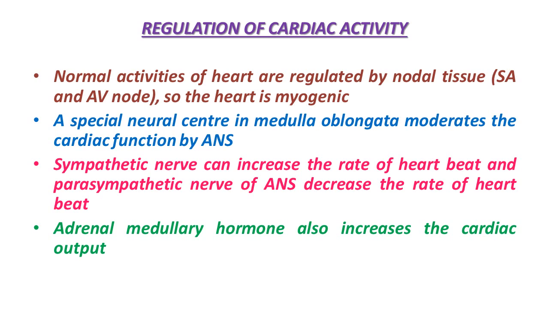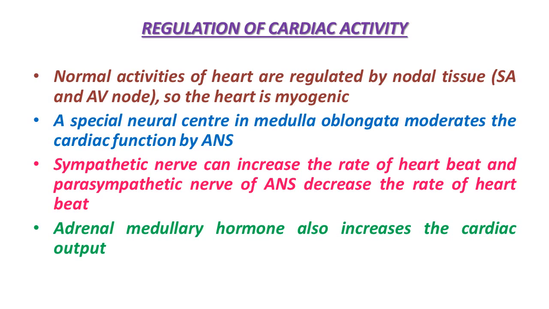Specialized cardiac musculature called nodal tissue is also distributed in the heart, as we have studied in this chapter. A patch of this tissue is present in the right upper corner of the right atrium, and that is known as the sinoatrial node, in short SA node or SAN.